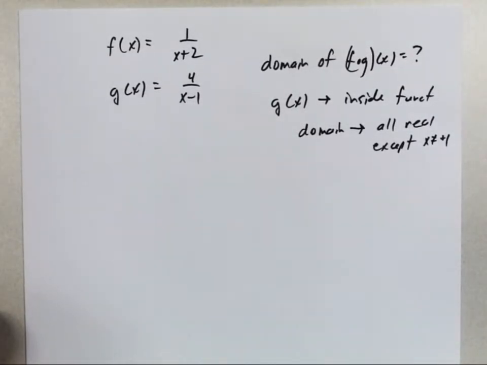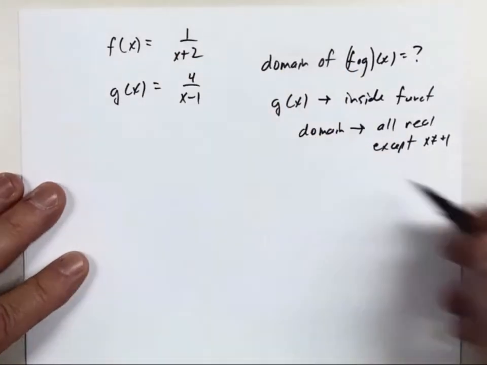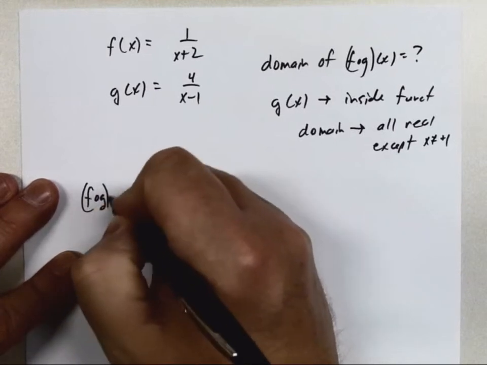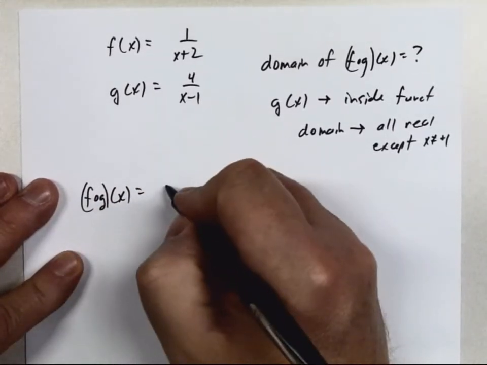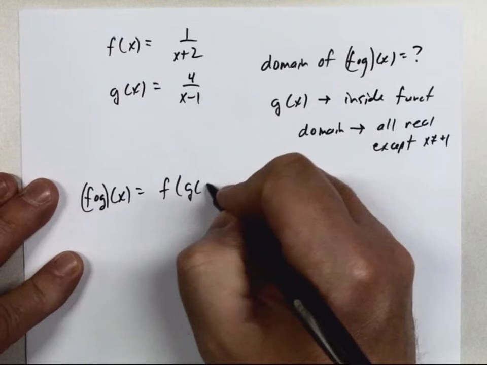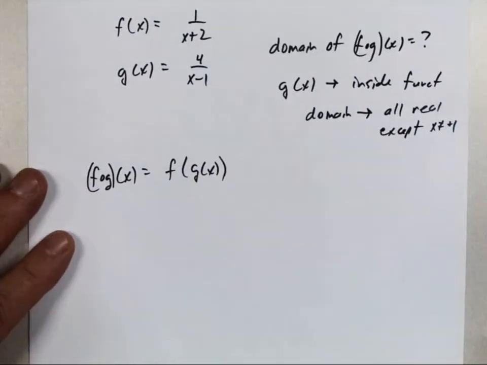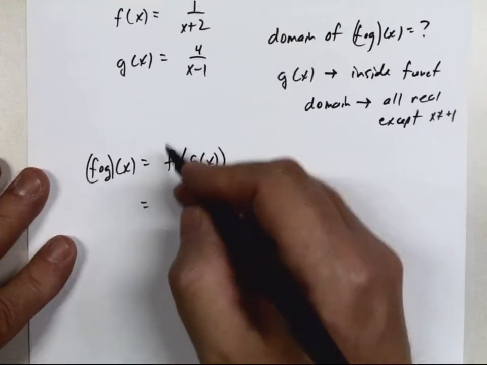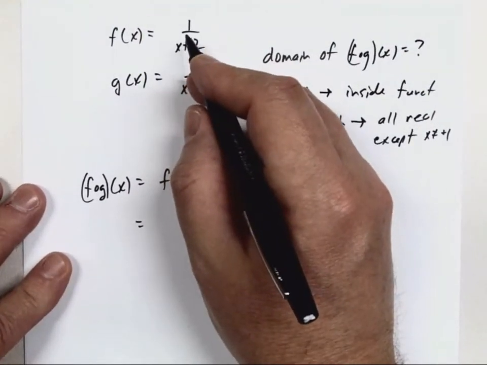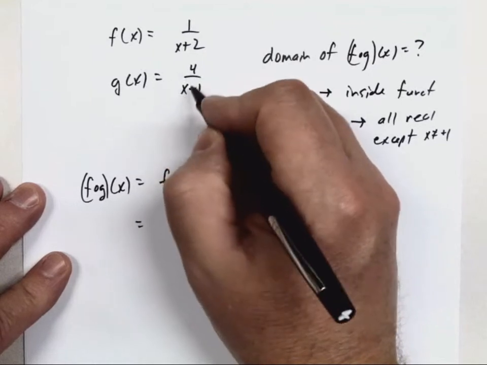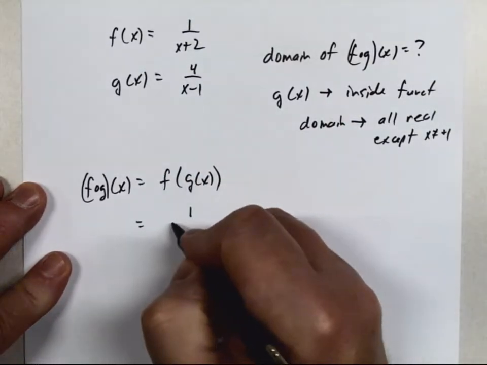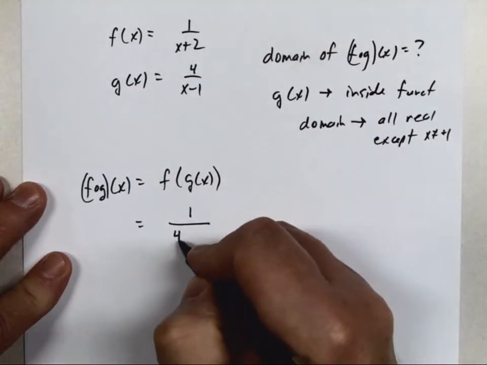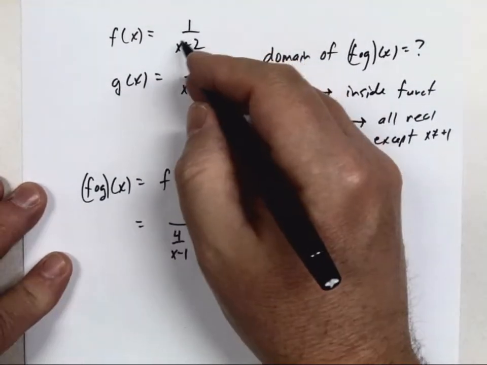Now I have to also go find the domain of the actual composite. So we have to figure out this composite function. So composite, in this case, would be f of g of x. So I take my f function, 1 over x plus 2. In every place I have an x, I plug in the g function. So 1 over x, instead of x, I put a 4 over x minus 1.